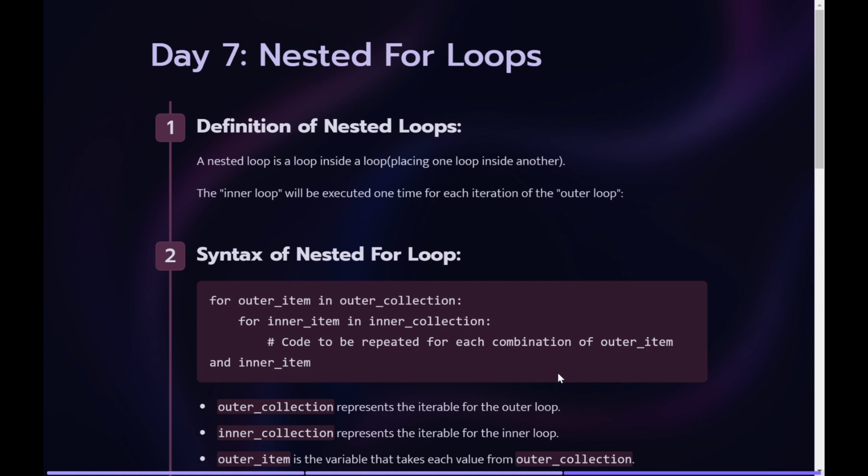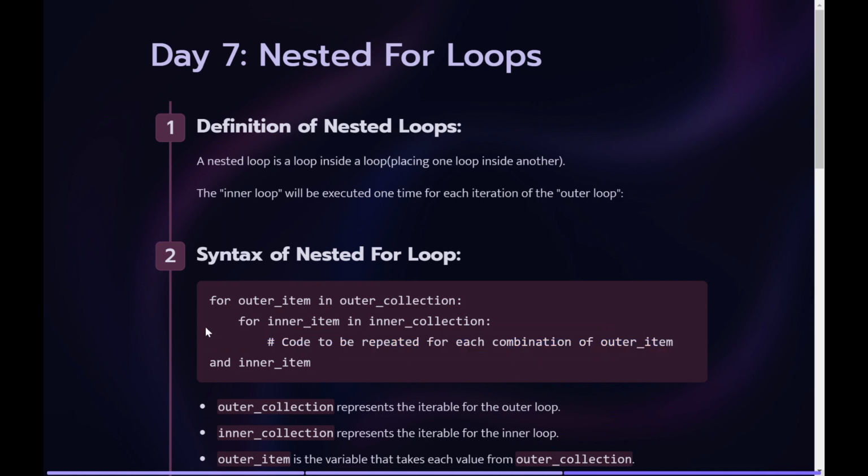And the syntax goes like this: you have your same for syntax. You have your for keyword, then your iterable, then the in keyword and the sequence through which you want to iterate. Followed by your inner for loop, with your inner iterable and your inner collection, and then the code for the inner loop will be given.